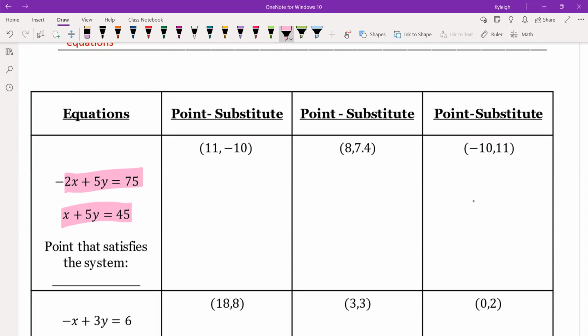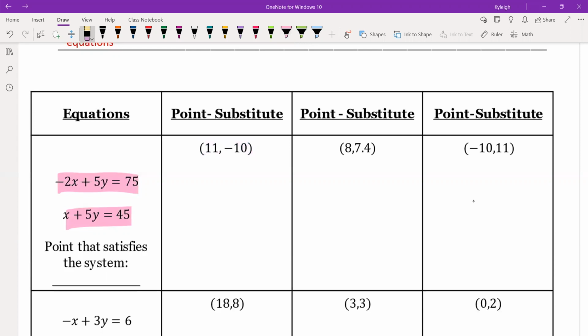There's one point in the entire universe that satisfies that, which means it makes both true. So as we said, we need to substitute each of these points into each of those equations to see if it matches. We could stop after one, so I would start with the first one and then go from there.